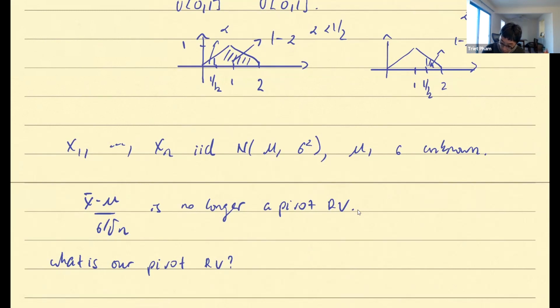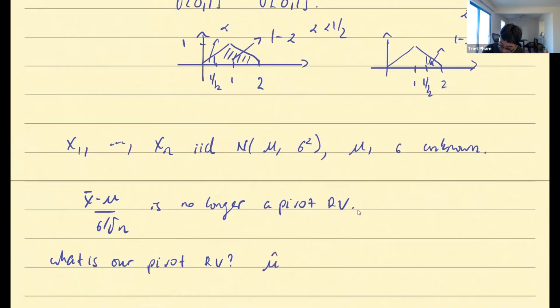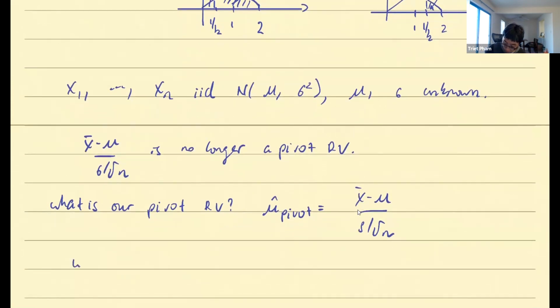So a very trivial thing to do here is to replace sigma with S. But of course, the hard thing is, what is the distribution?